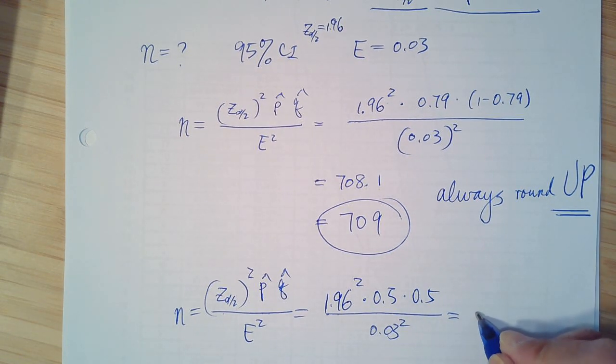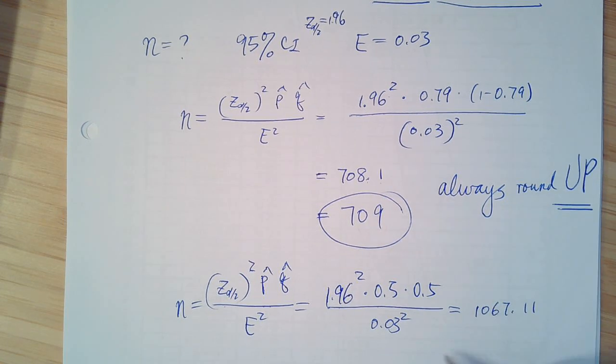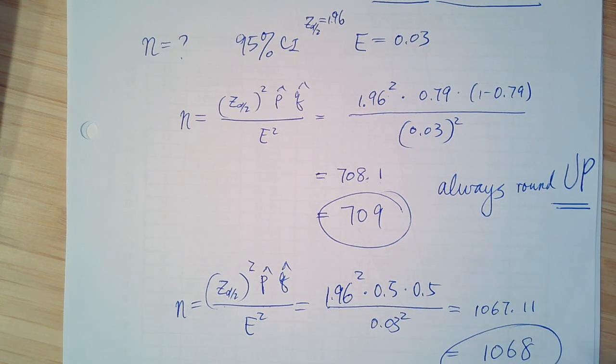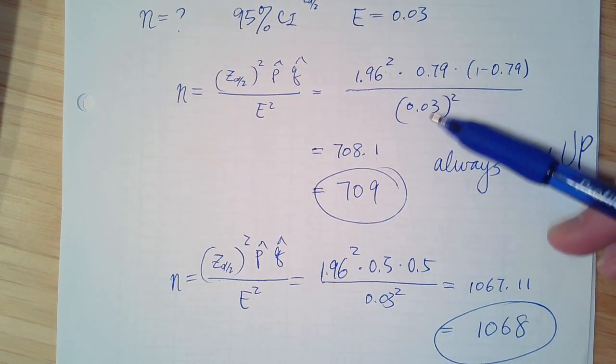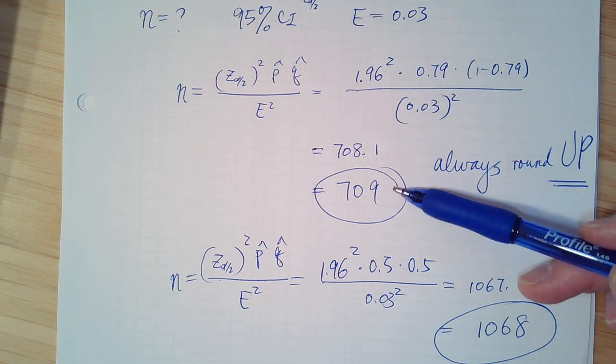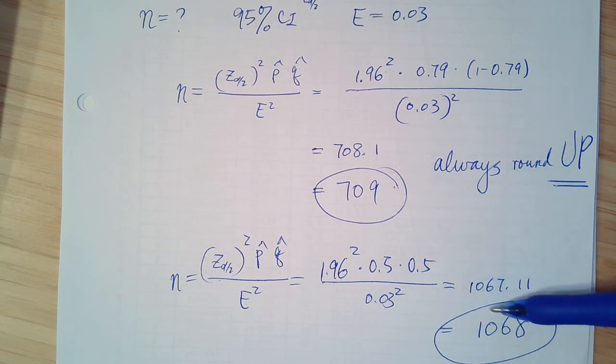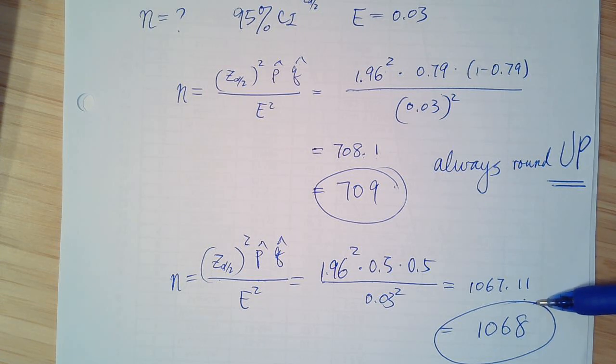Guess what? You have 1067.11, so you round up to 1068. Did you notice that? Knowing some previous information, you don't need as large a sample size as when not knowing. So this gives you the maximum sample size that you need.